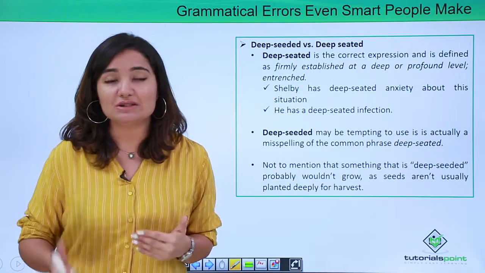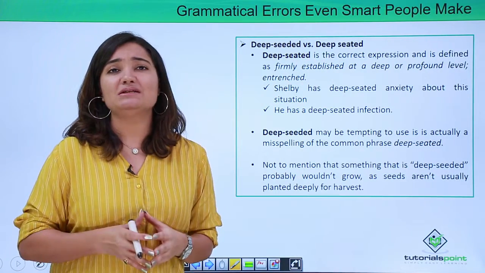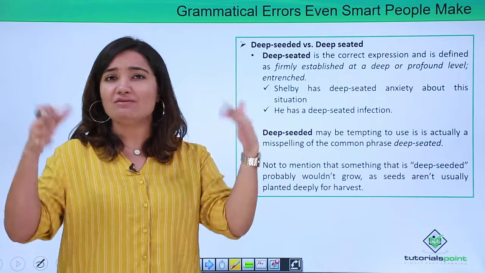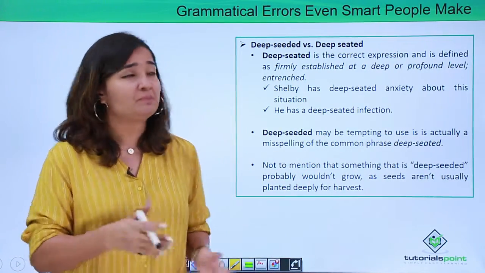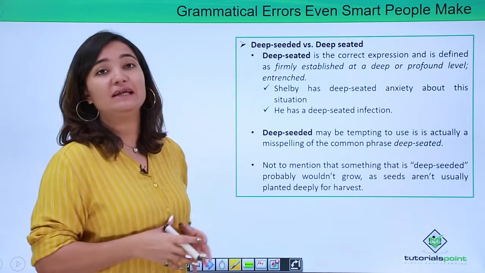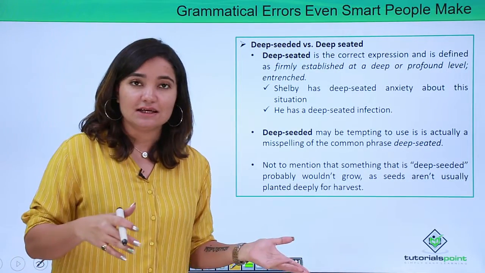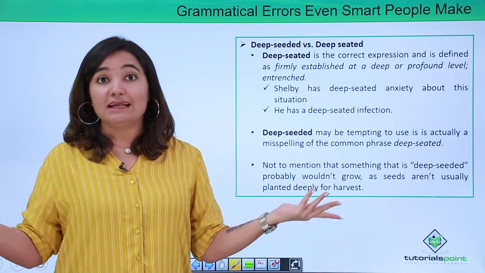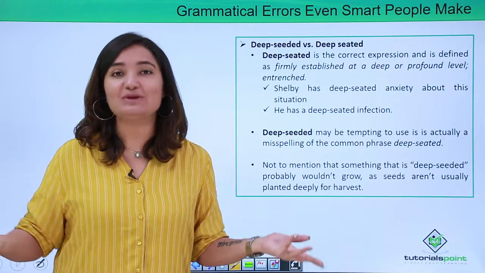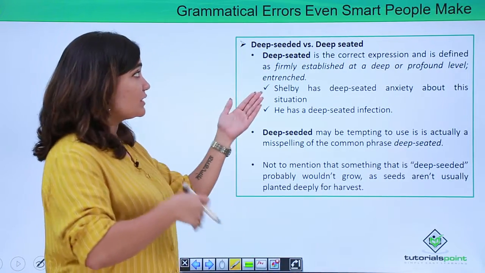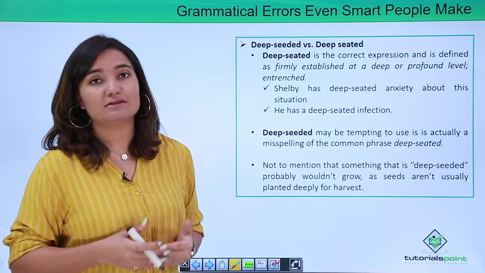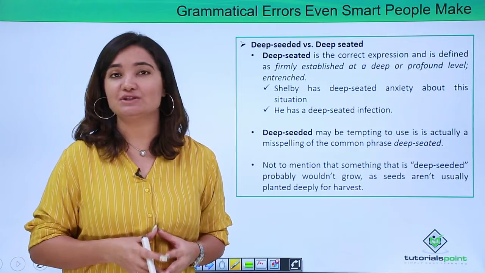When we are using deep-seated, what we mean is something which has very, very deep roots, or something that is rooted very, very deep, isn't it? On the contrary, if we end up using deep-seeded instead of that, technically we are actually wrong, because the seed which is very deep does not even grow, right? So this is what you need to take cognizance of while you are using this expression in language.